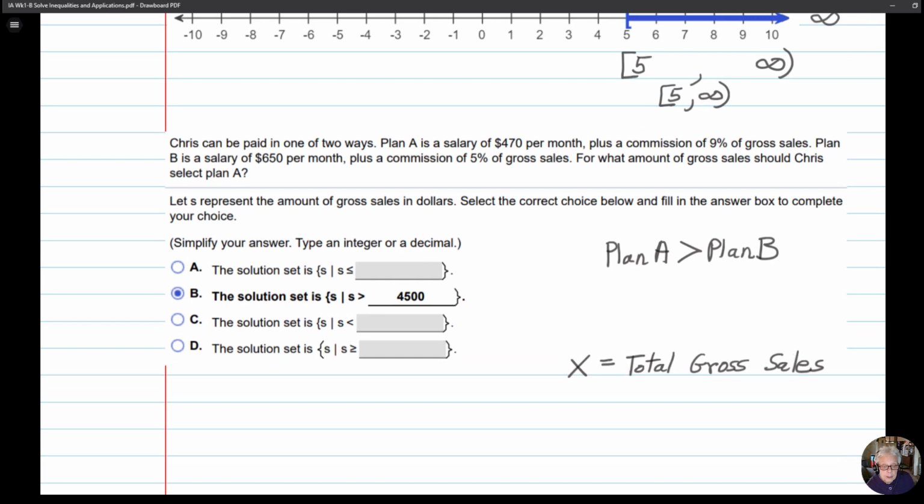I'm going to do the calculations down here where I have lines. You can see what the answer is. Let's see if we can get the same answer. Okay, Plan A is $470 plus 9% of the gross sales. The word of in math means multiplication.